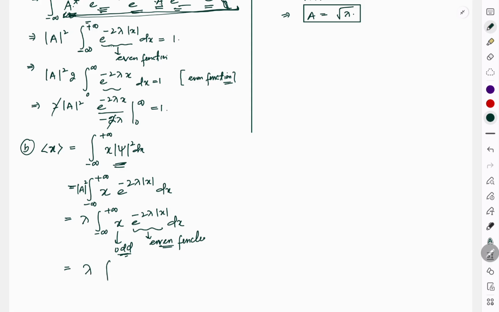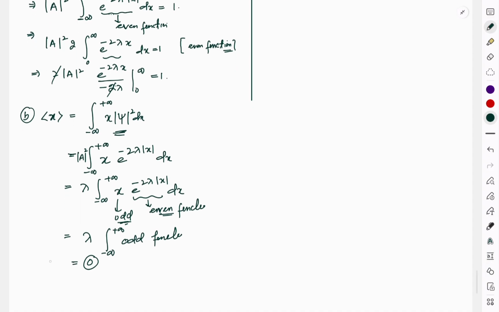Whenever there is an odd function integrated from minus infinity to plus infinity, that would be 0. That's a very important property, you must learn about it. So the expectation value of x is actually 0, because inside the integral from minus infinity to plus infinity we have an odd function.